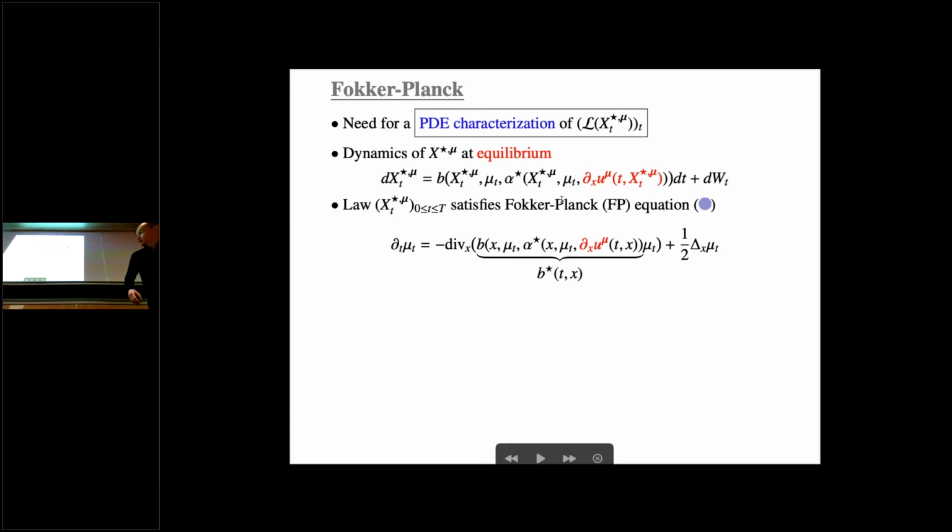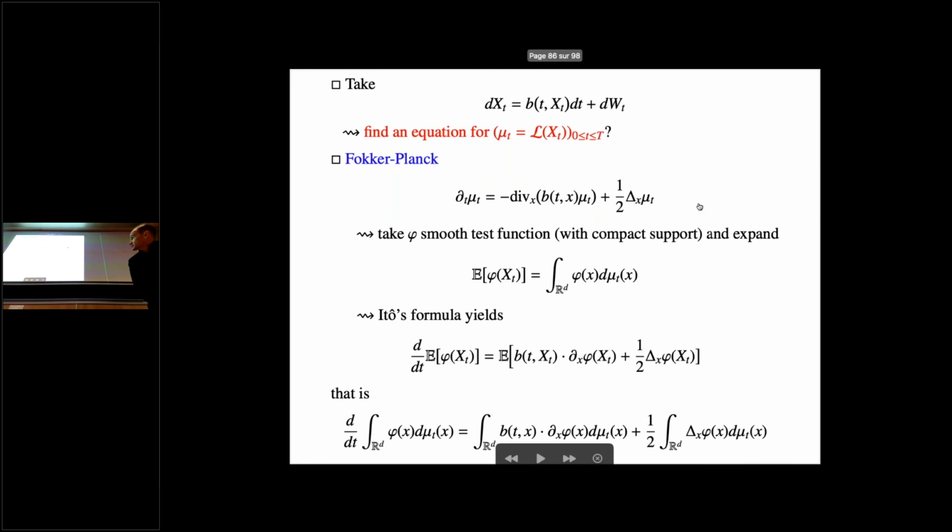And to compute this Fokker-Planck equation, certainly you have this button you can press if you want. So this is just to make the exercise for you if you don't see exactly how to do that. So when you have an Ito process or a diffusion process solving this equation, and you want to compute the law of X, I'm claiming that the marginal law solves a Fokker-Planck equation.